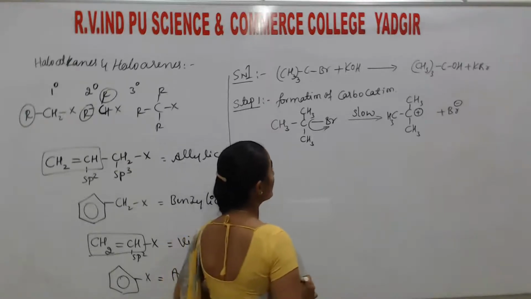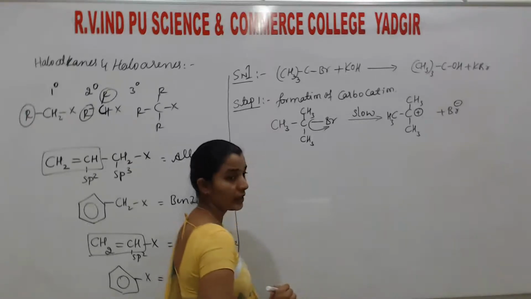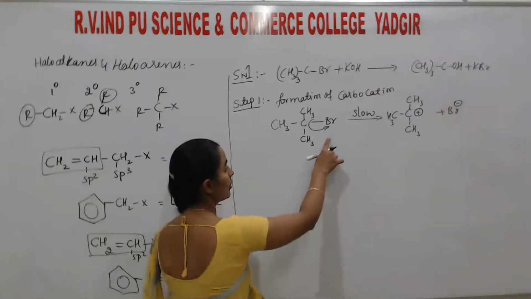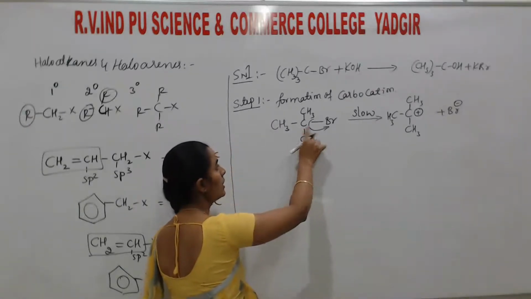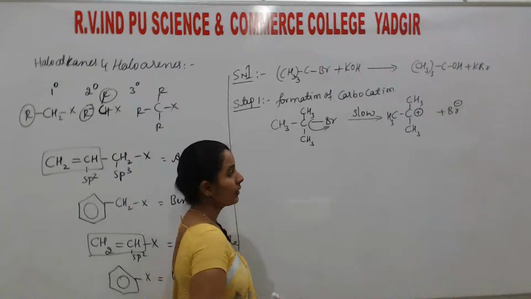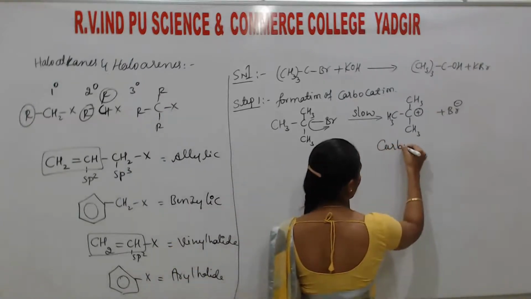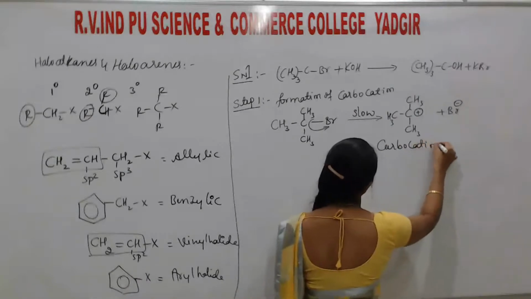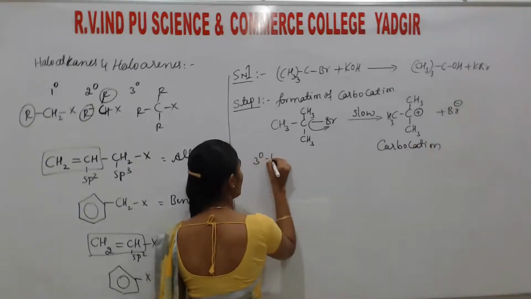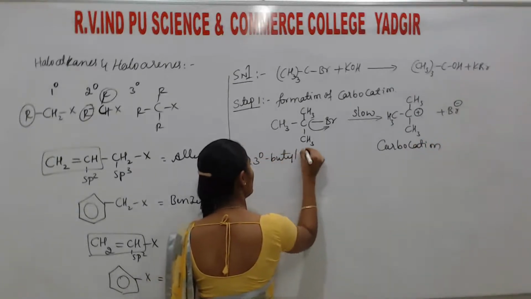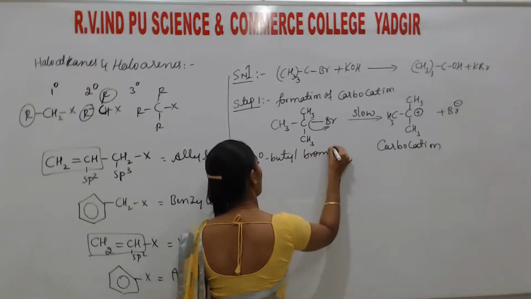What happens here? Formation of a carbocation. How does it happen? Heterolytic bond cleavage takes place between the C and Br bond. Then they form the carbocation. Here you write tertiary butyl bromide.